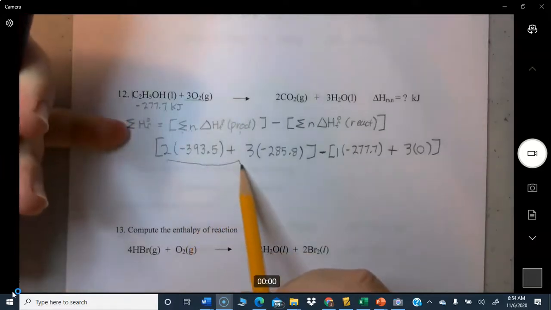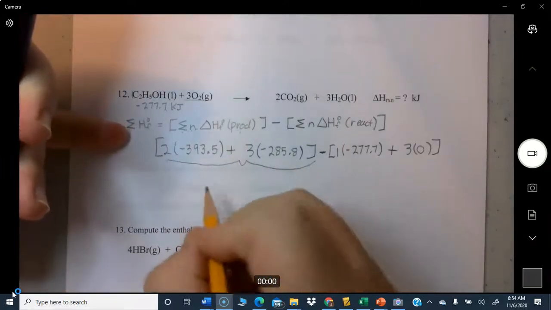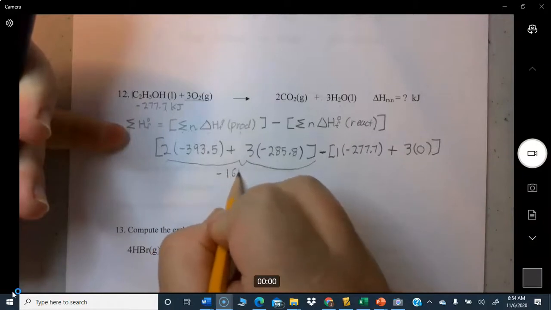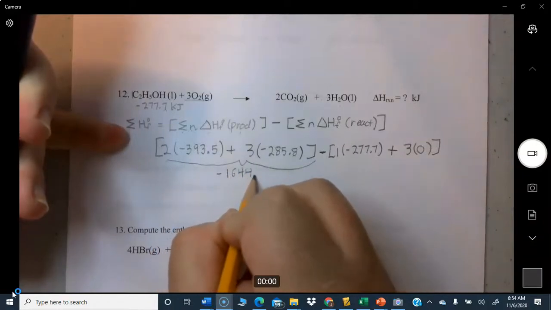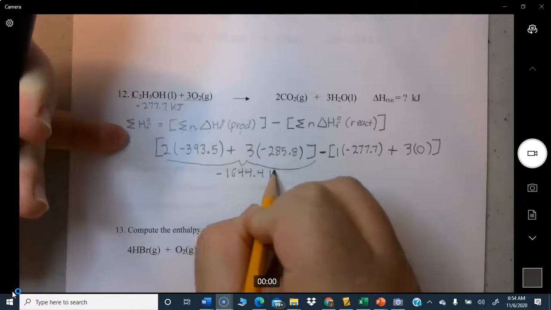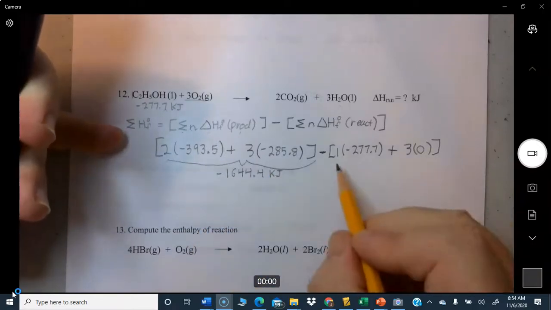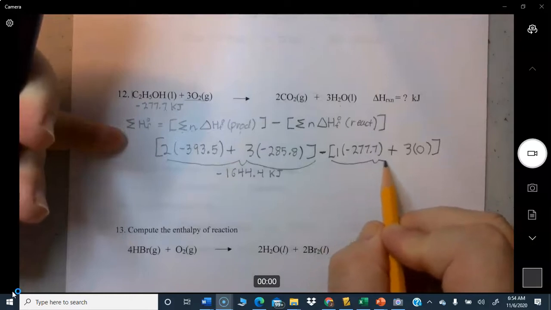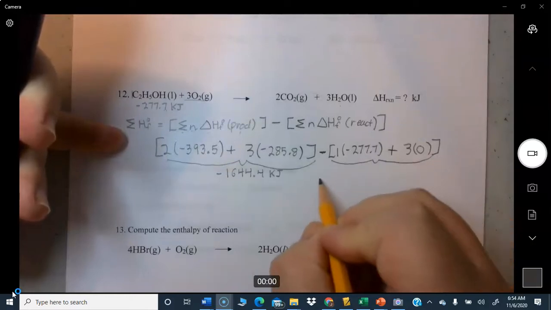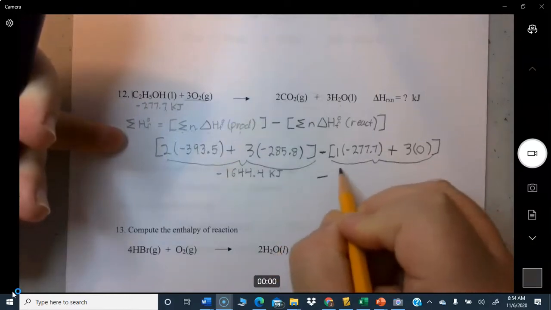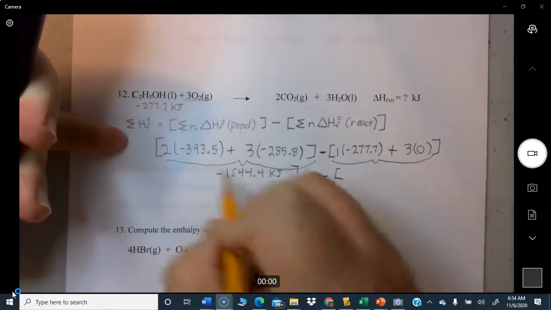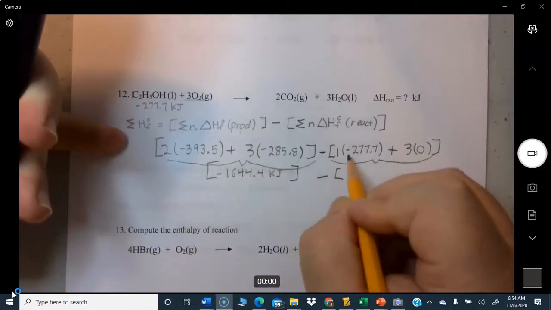Okay, and for this part right here, I'm not getting particular about significant figures here. And for this part right here, it is minus, put my square brackets around everything, minus negative.